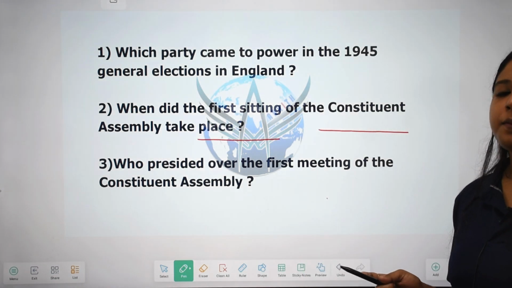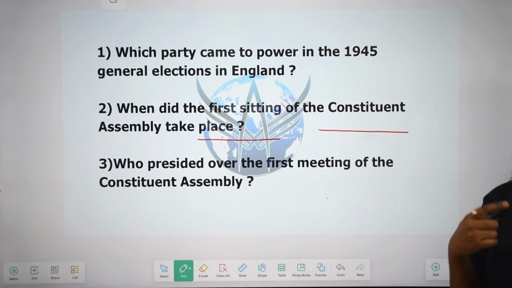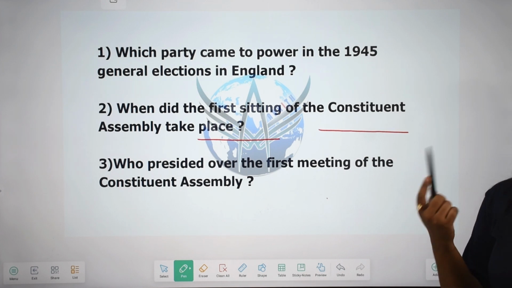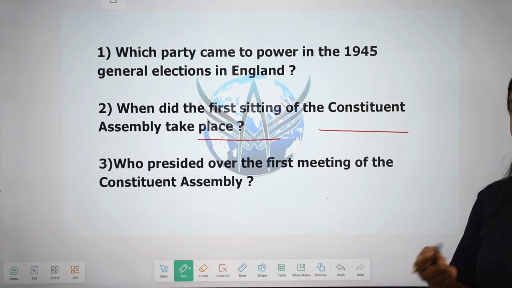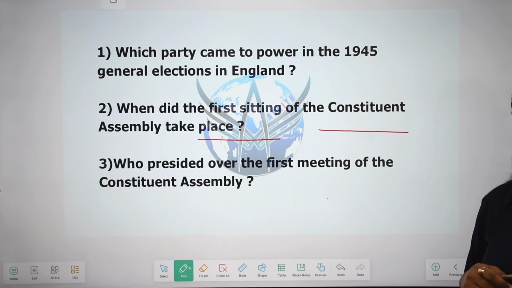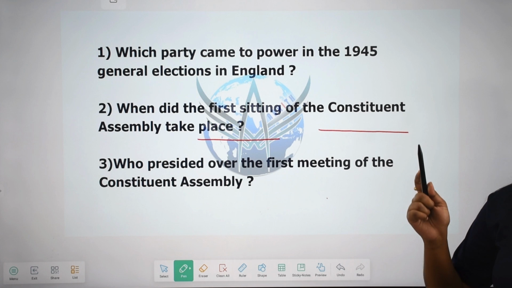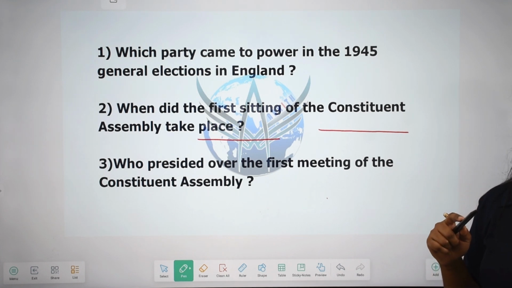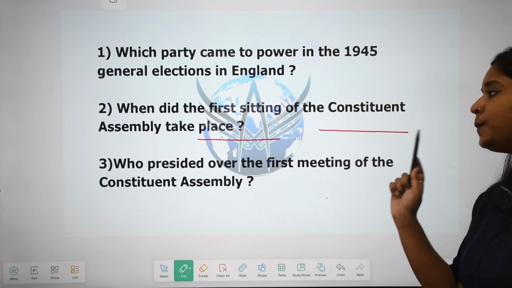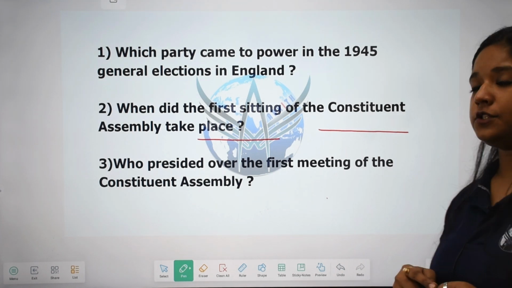So the Labour Party came to power in the 1945 general elections in England, and after that the cabinet mission was sent to India. Under its initiative, the Constituent Assembly was formed, and the first sitting took place on 9th December 1946. Who presided over the first meeting of the Constituent Assembly?